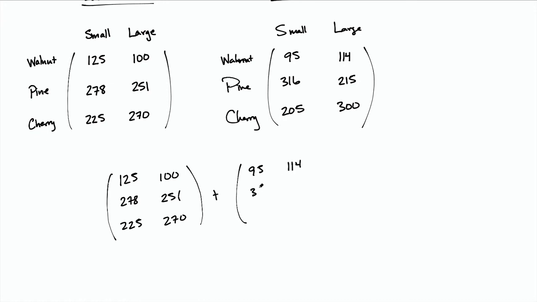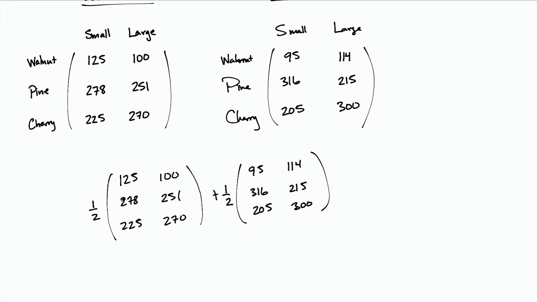Something that's equivalent to dividing by 2 is multiplying by 1/2. I'm going to do that just because we've already looked at multiplying a matrix by a number. So I'm going to put a 1/2 in front of the whole thing, which puts a 1/2 in front of each of these.